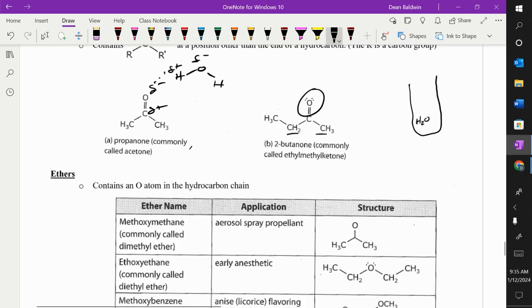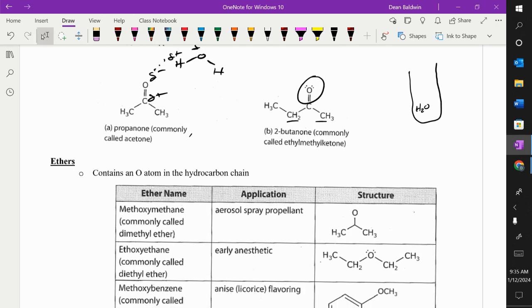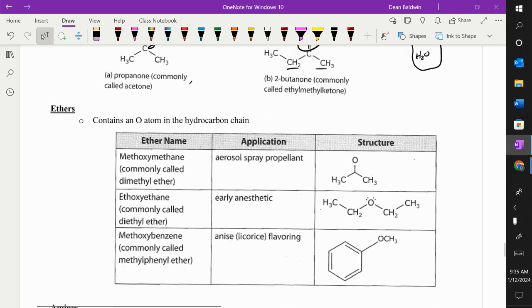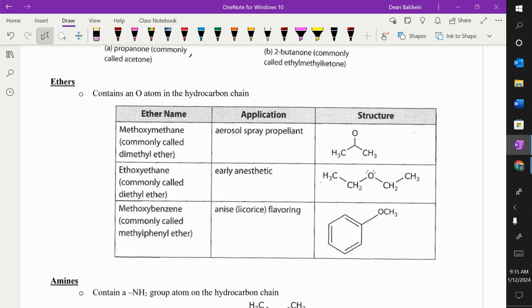All right. Ethers. Ethers just mean there's an oxygen in the middle of your chain, basically. So if you have an oxygen atom bonded to 2 carbons in the middle of your chain, that's an ether. They have this oxy name, methoxy, ethoxy.